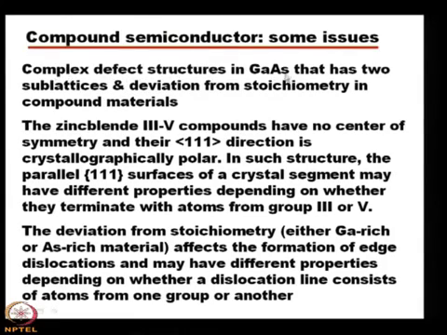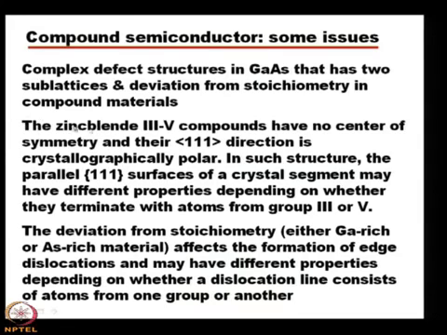Why is it a complex defect structure? Because in gallium arsenide two sublattices are present. One sublattice corresponds to gallium, another to arsenic. So, it is not like silicon or germanium, the elemental semiconductors, where only silicon or germanium is there in the crystal lattice. And another important thing is that since two materials are involved, there may be deviation from stoichiometry in the compound materials. That we shall discuss here itself.